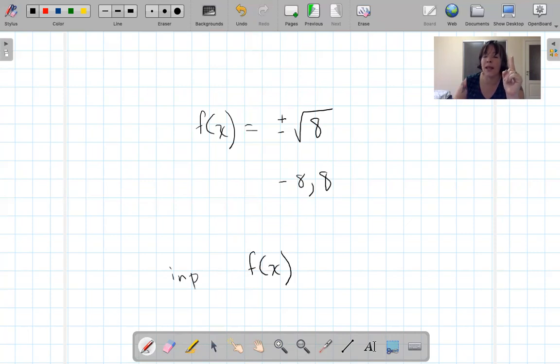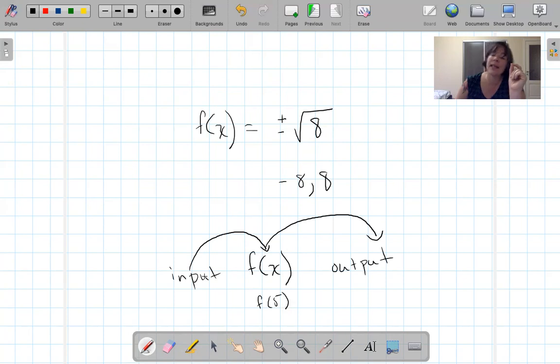Here's your function. You have one thing that you put in the function called an input, and you get one answer that comes out, and that's called the output. Like when I do f of 5, my input is 5.